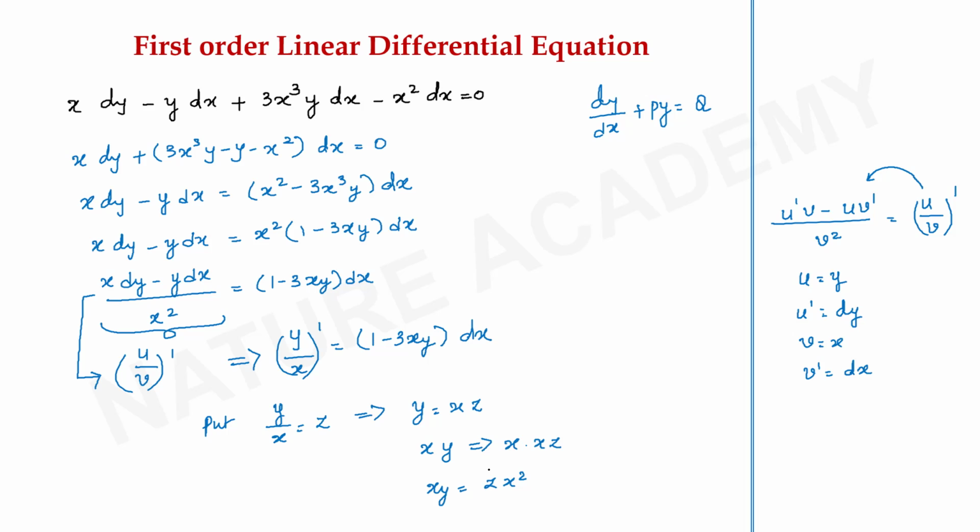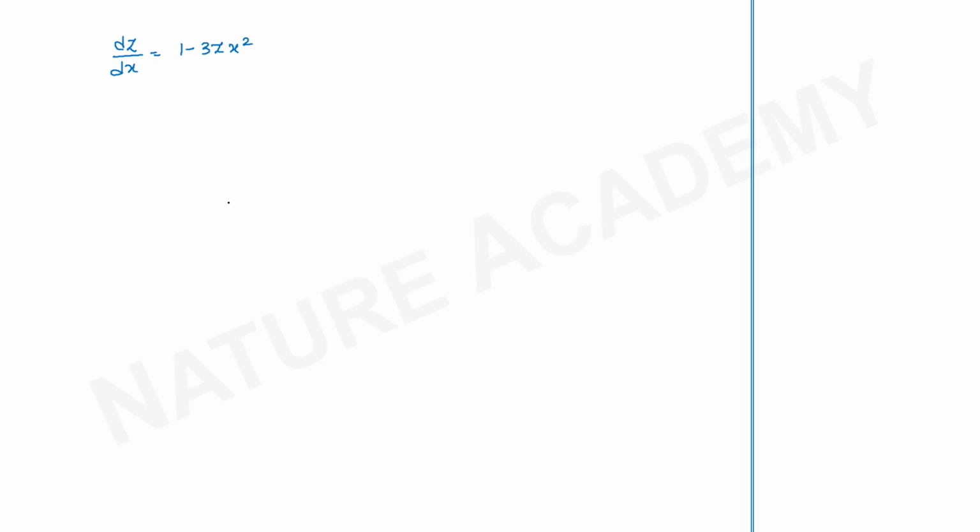So keeping in mind that y by x is z and xy is zx square, I can write this equation 1 as dz by dx is equal to 1 minus 3zx square, or I can also write it as dz by dx plus 3zx square is equal to 1, which also implies dz by dx plus 3x square z is equal to 1.